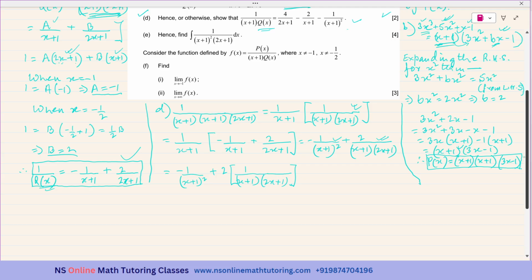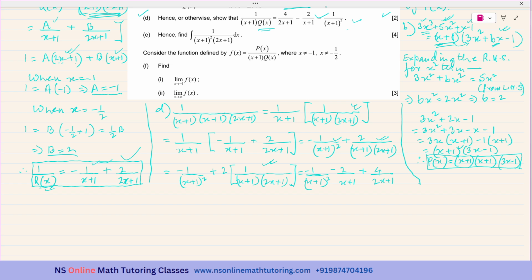Okay, so we know the expansion of this. It will again be equal to those two terms. So this will be equal to negative 1 over x plus 1 whole square, and then 2 times the first term, so it will be negative 2 over x plus 1, and then finally plus 4 over 2x plus 1.